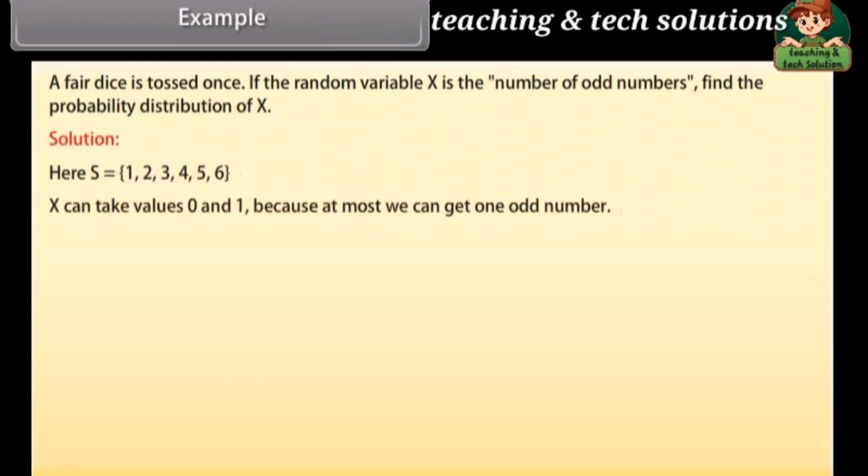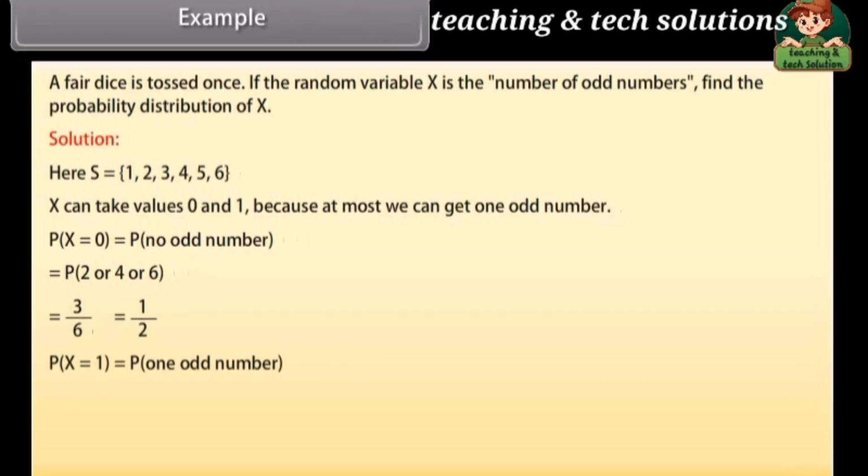X can take values 0 and 1 because at most we can get one odd number. Probability for X = 0, that is no odd number, is the probability for 2 or 4 or 6, which is 3/6 = 1/2.